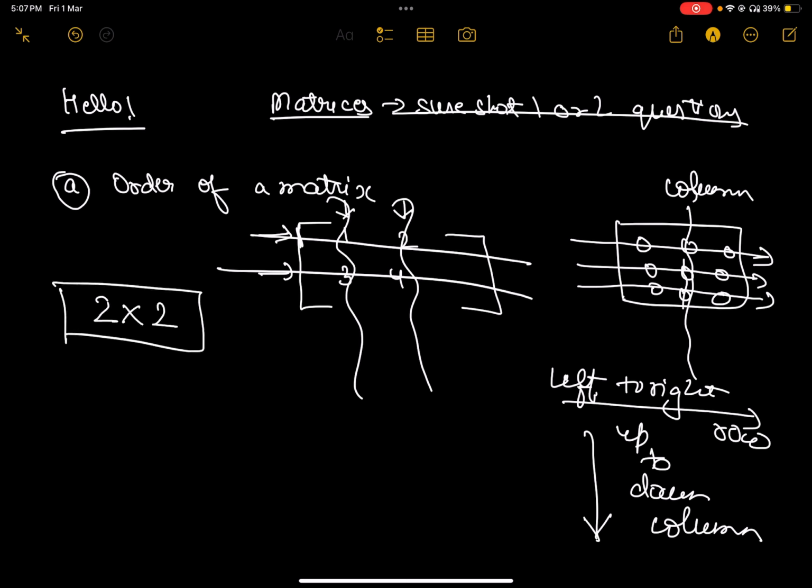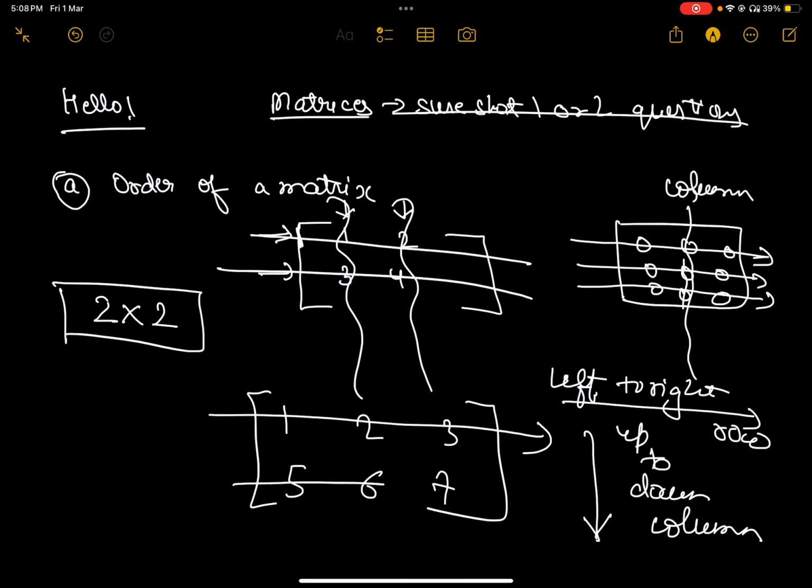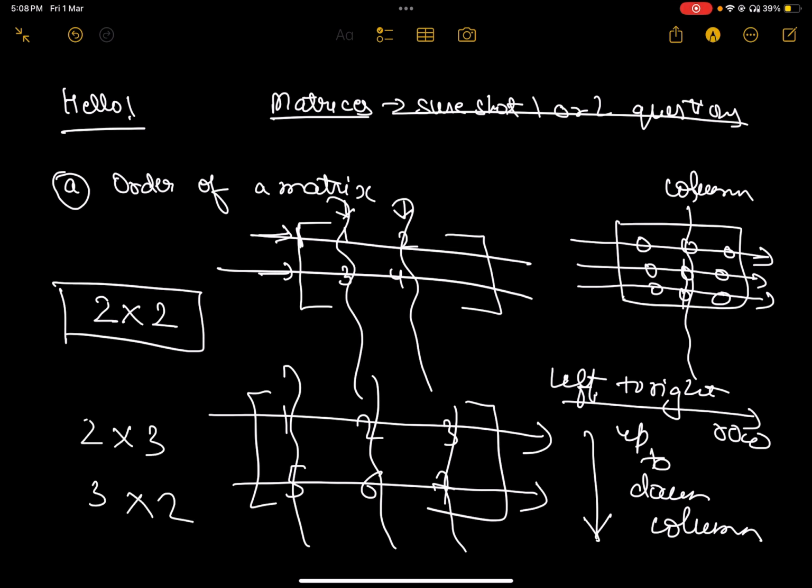Again, let's go for another example. Now let's imagine we have 1, 2, 3, 5, 6, 7. This matrix has two rows and three columns. Now what will you say? Is it a matrix of order 2 cross 3 or 3 cross 2?